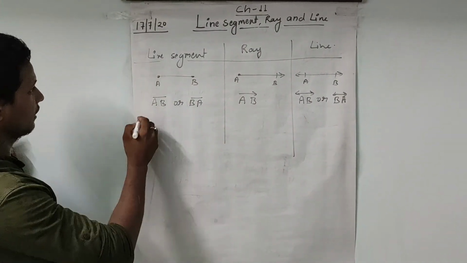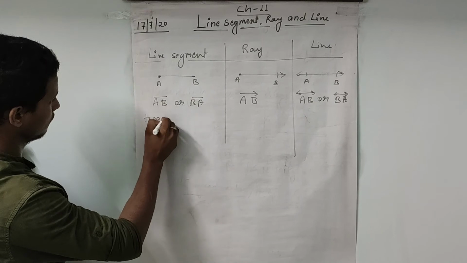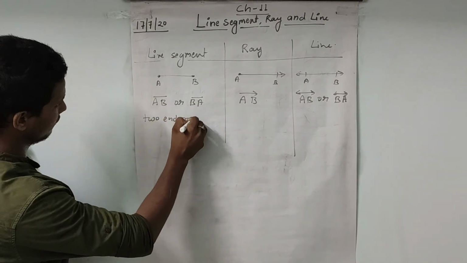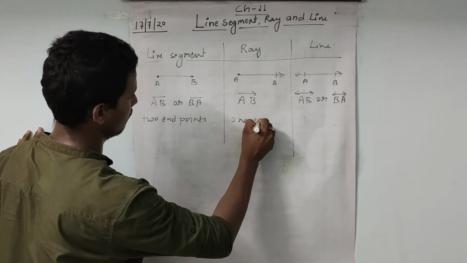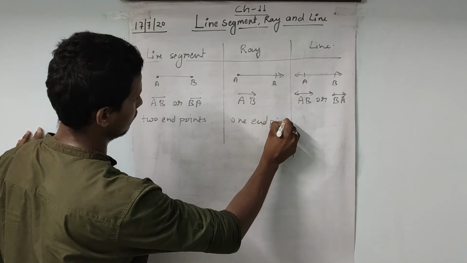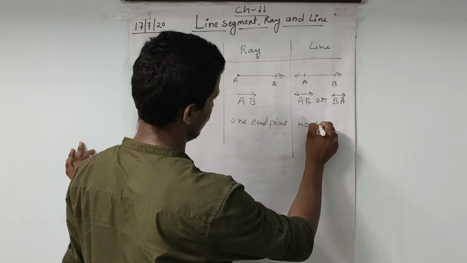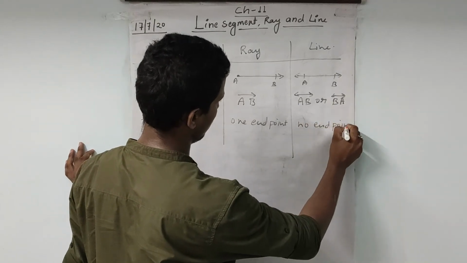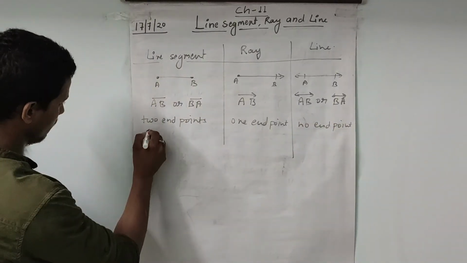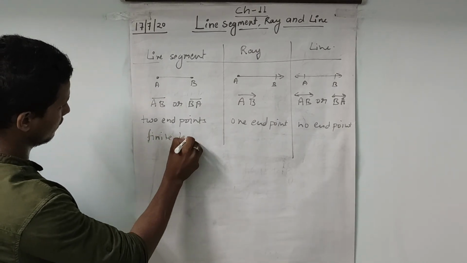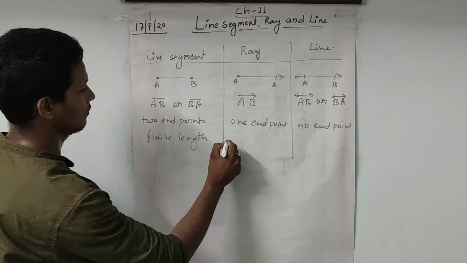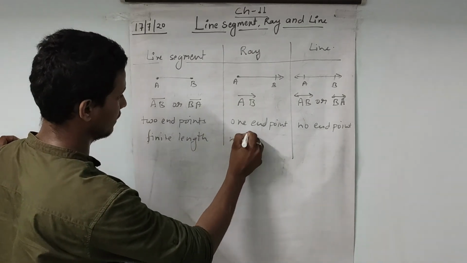Next, a line segment has two endpoints, a ray has one end point, and a line has no end point. A line segment has a finite length, while a ray and a line have no finite length.